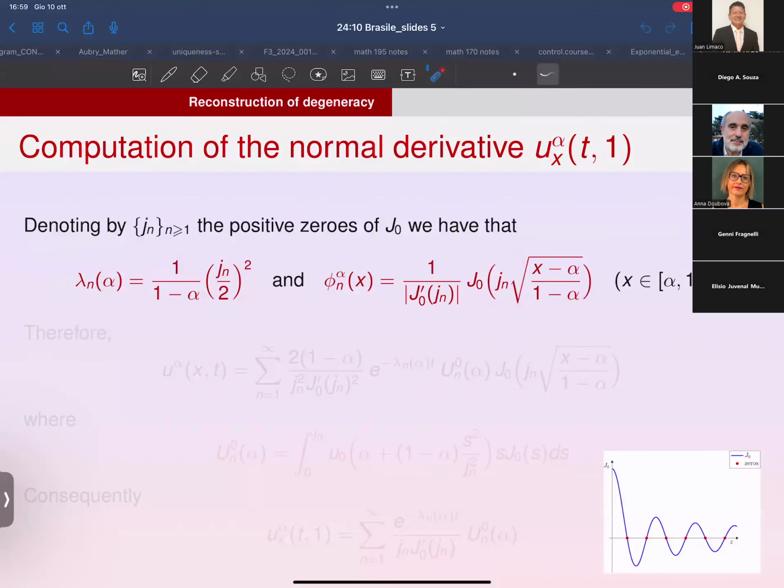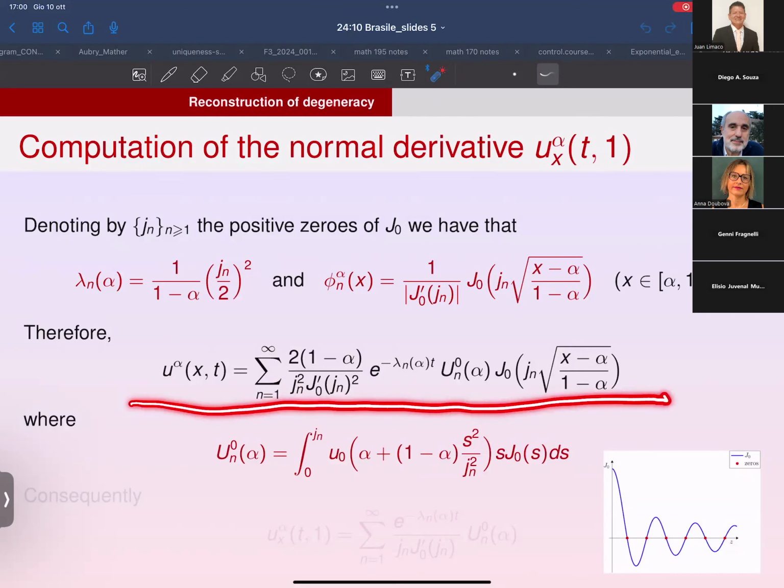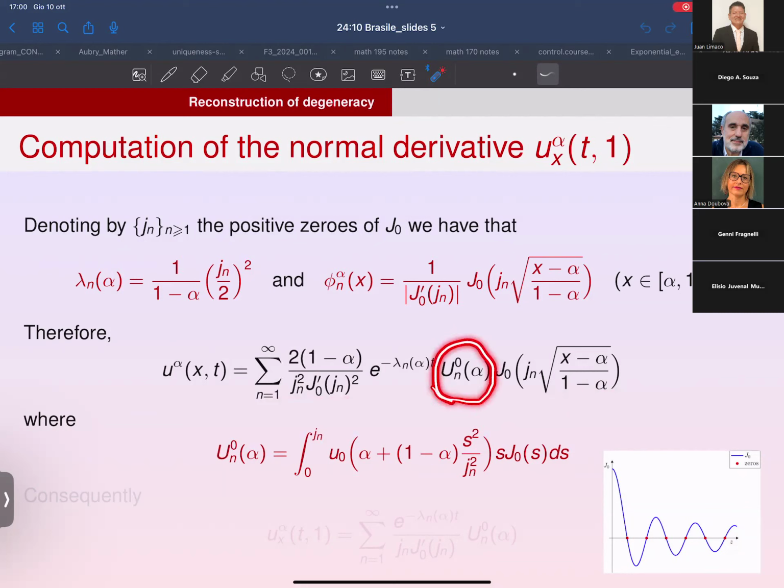j_n is still the n-th zero, and this is the absolute value of the derivative at j_n, which has an oscillating sign. The solution, once we have the eigenvalues and eigenfunctions, can be represented explicitly in this way, where now we have to compute the Fourier coefficients of the initial condition.